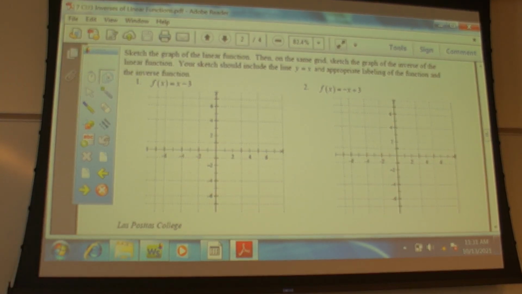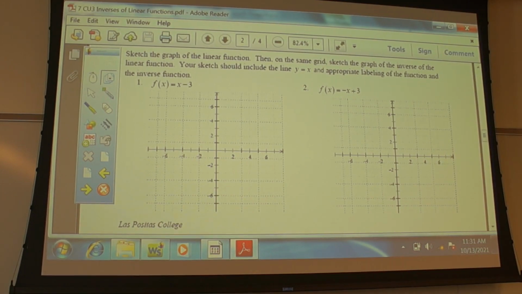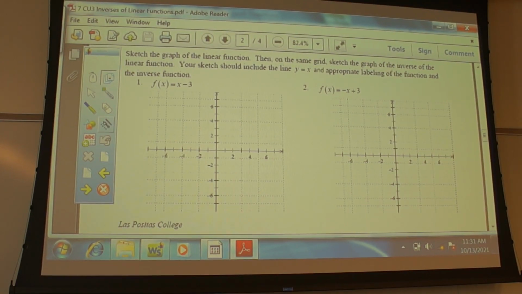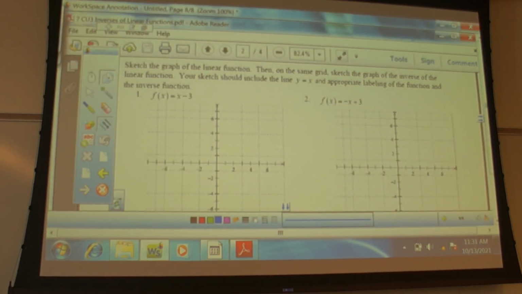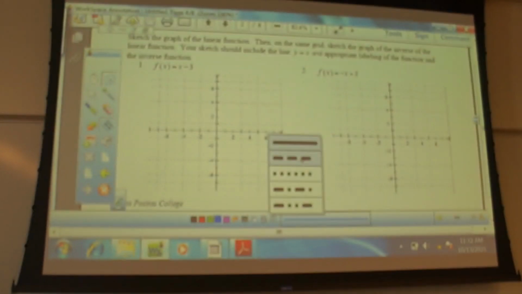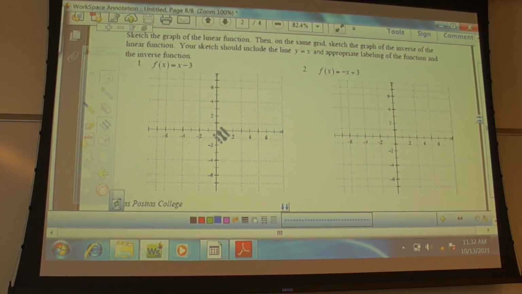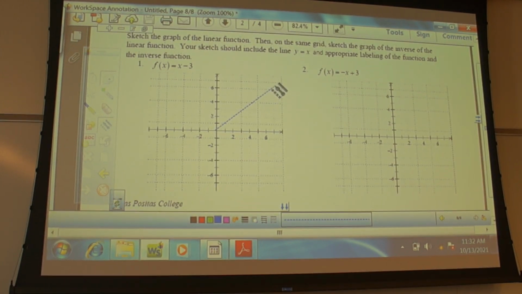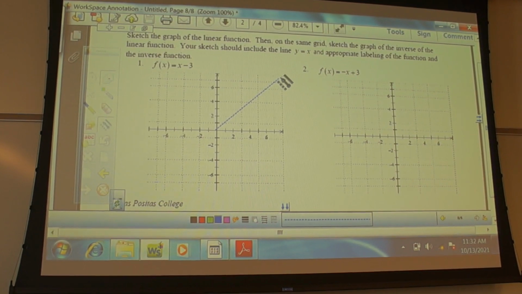You have a function, you've got a graph, that's how I do it. Okay, so first you need to graph your first linear function, and then you've got to sketch in your dotted line. Use a dotted line, please.